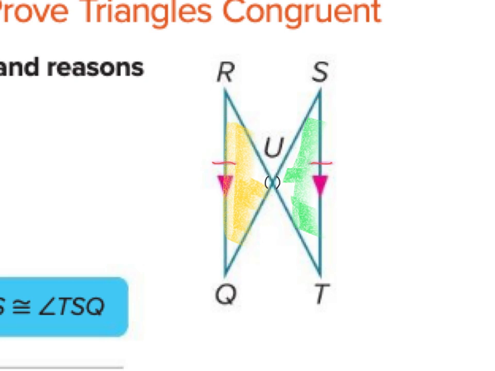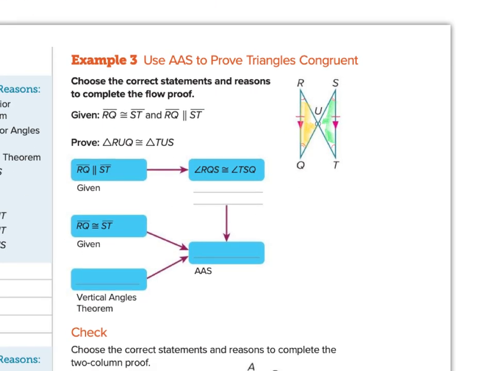So I know that this angle is congruent to this angle, and this angle is congruent to this angle. So I have enough information now to prove that these two triangles are congruent, because I have angle, side, angle, and I have angle, angle, side. It just depends on which one we're going to use as a determining factor. But if they were asking me angle, angle, side specifically, I have right there, angle, angle, side. So we have enough information.